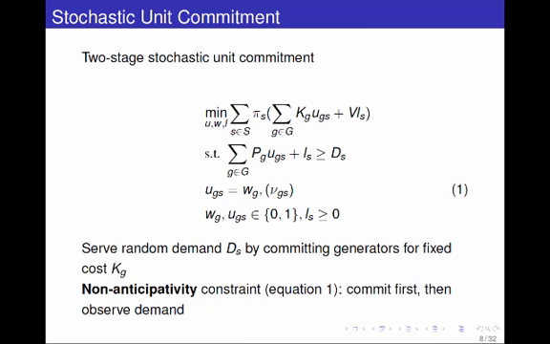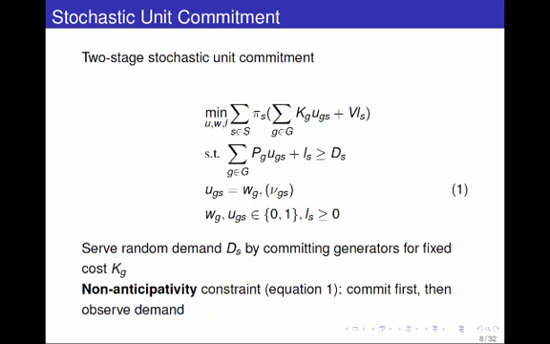So I could see the demand and then decide how to commit units, right? Because the U here is indexed by scenario. But I'm also enforcing another constraint that says that I have to decide before I see the demand, which is basically the second constraint.